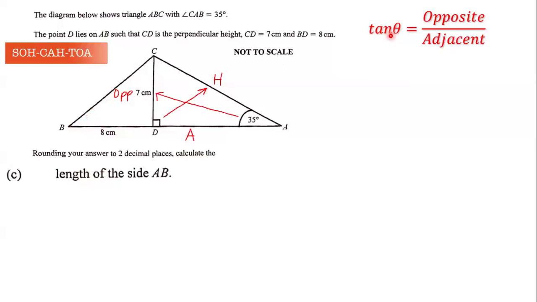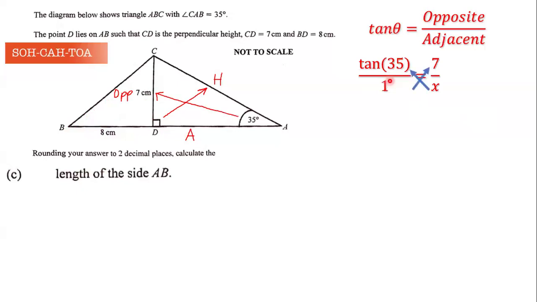So we have tan theta is going to be equal to opposite over adjacent. The opposite is 7 centimeters. The adjacent is x. And theta is 35. And so we have tan of 35, and that's going to be equal to 7 over x. 7 is the opposite over the adjacent, which is x. And I put tan of 35 over 1 so that we could cross multiply.